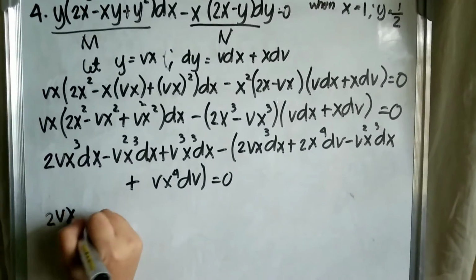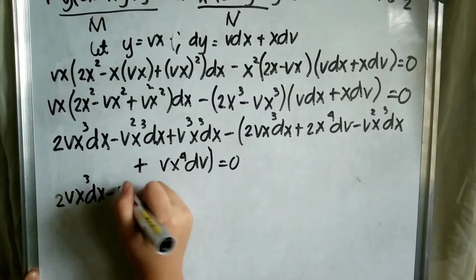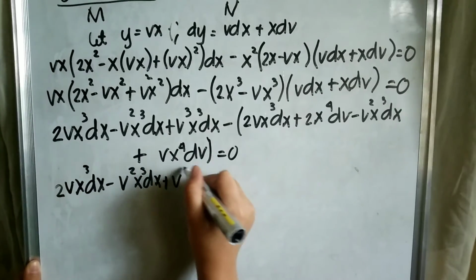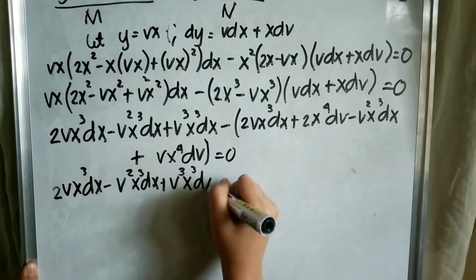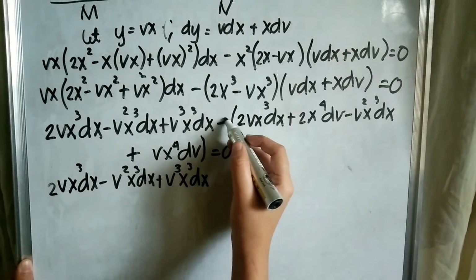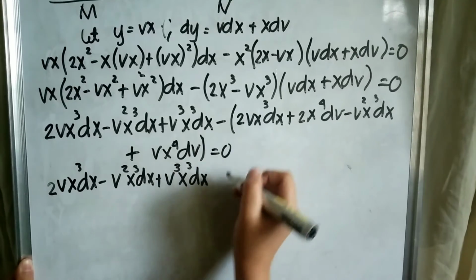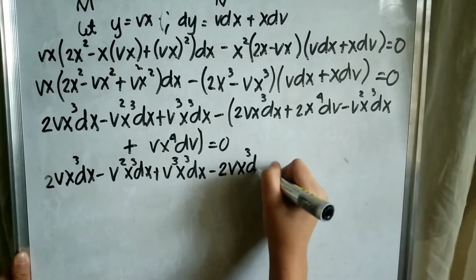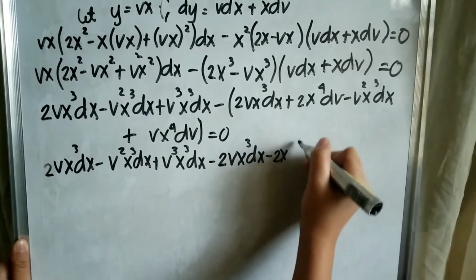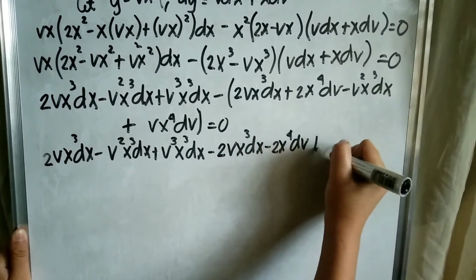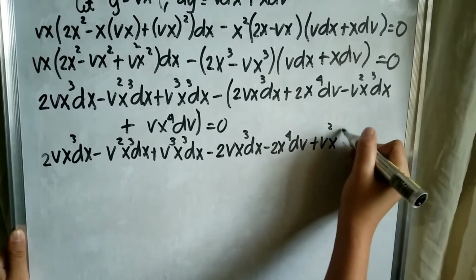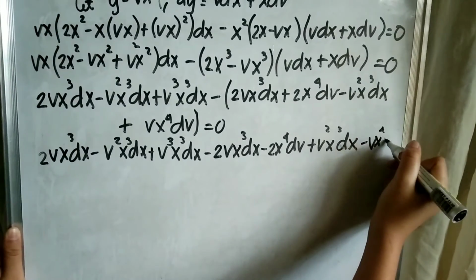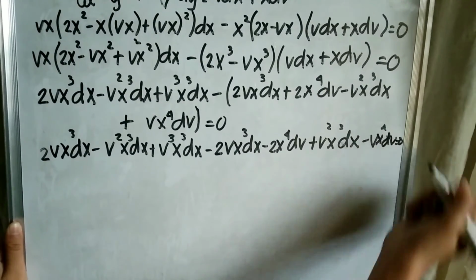Then substitute this negative sign to our inner term, which is negative 2v x cubed dx minus 2x fourth dv plus v squared x cubed dx minus v x fourth dv is equal to 0.